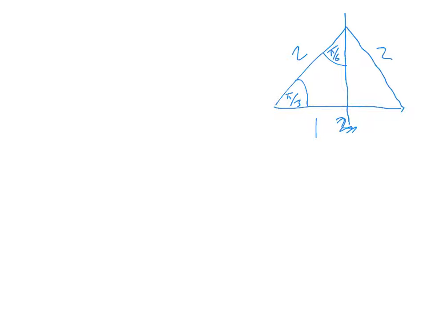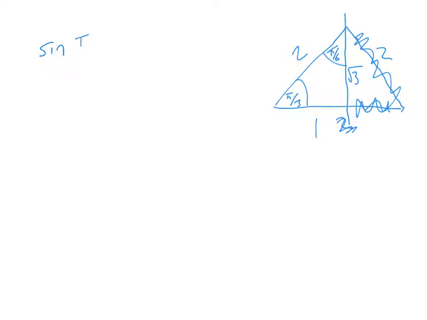So we can remember 2 squared minus 1 squared is 3. So this is root 3. Okay, let's use the triangle to help us a bit. Sorry, it's a bit scruffy. Here we go.